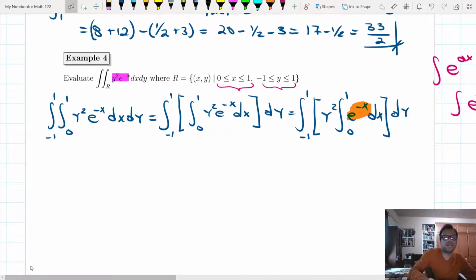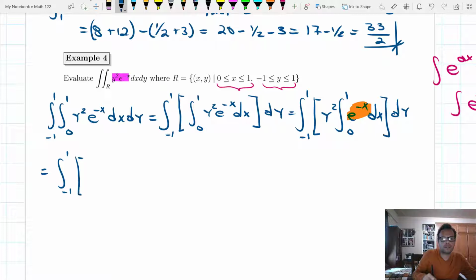So we are going to write the integral from negative 1 to 1 of y squared times negative e to the negative x, evaluated again, keep in mind that we are integrating with respect to x.